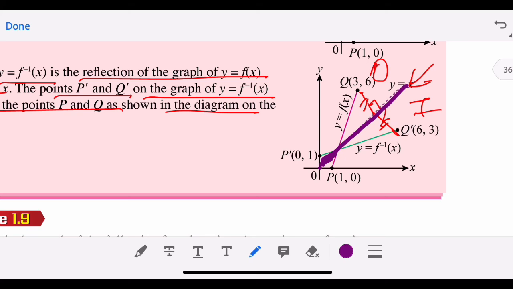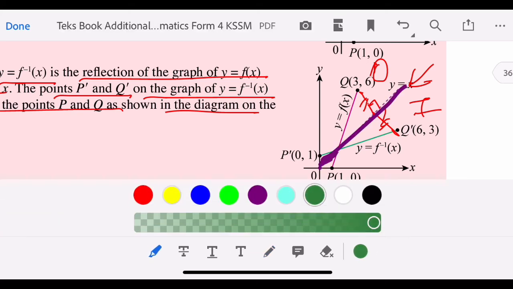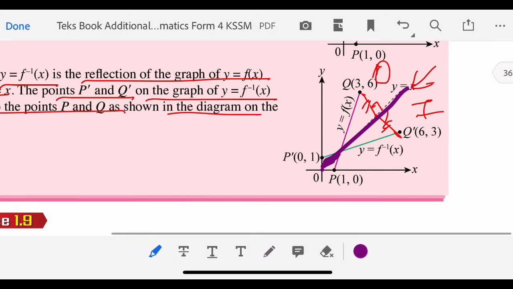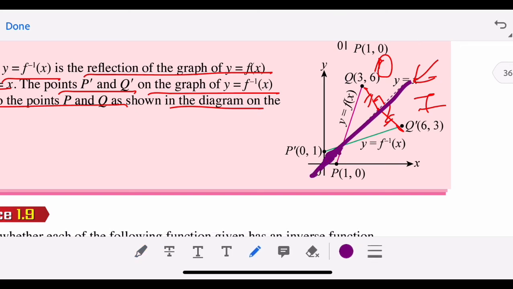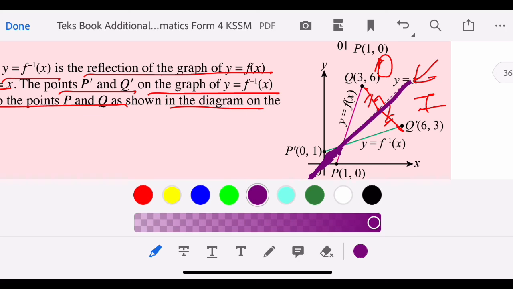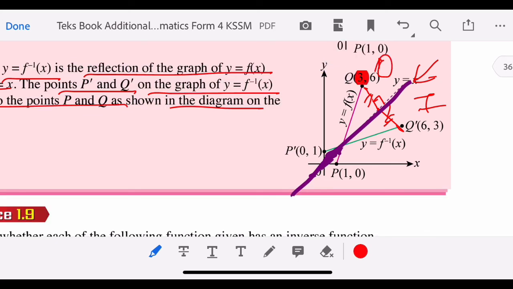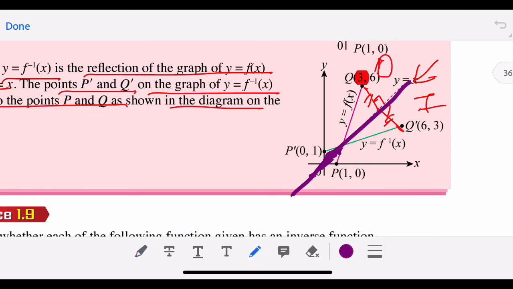Then you try to reflect the points on the purple line. So the concept is like that. We will find this point, and then the image will go to this point with the same distance.